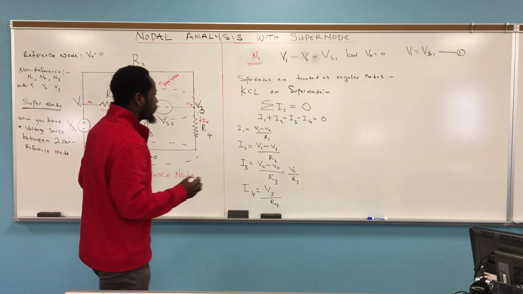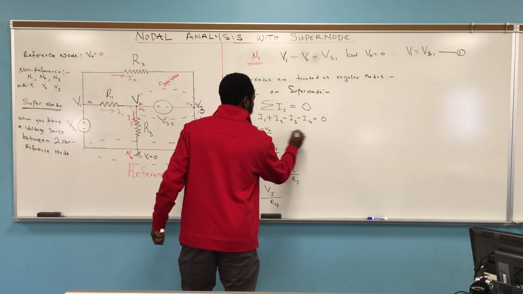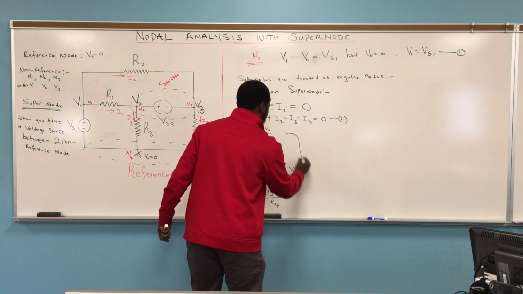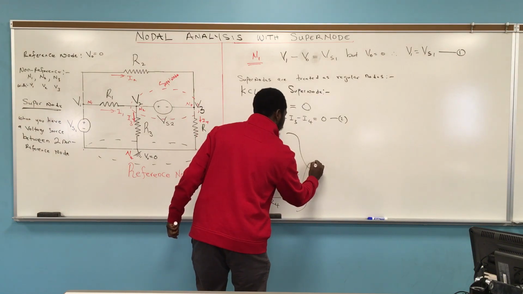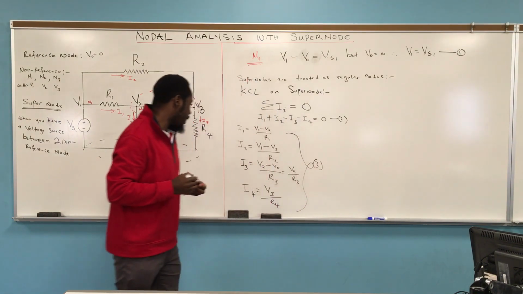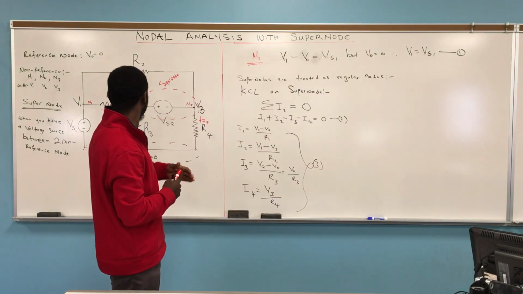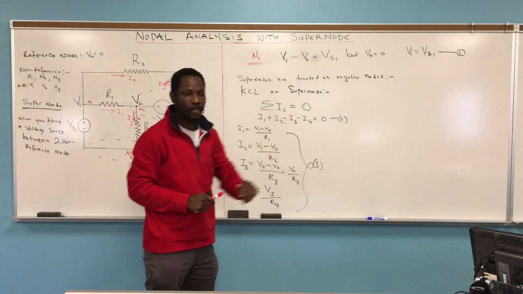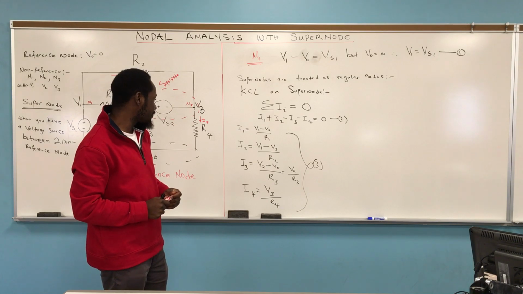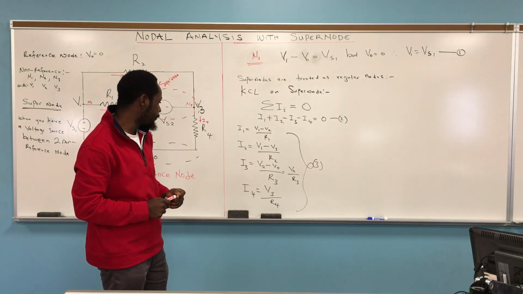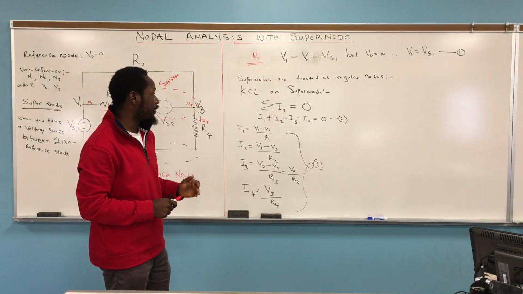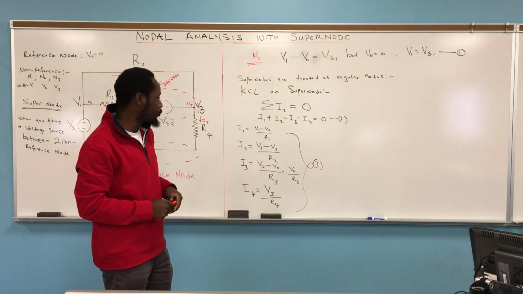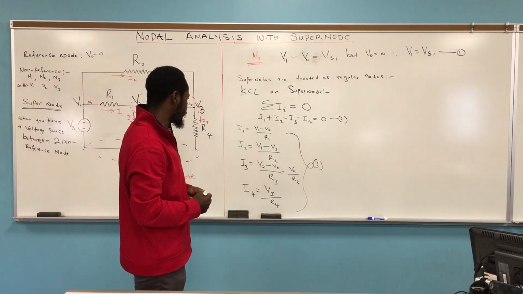So I'm just gonna call this 2, and I will call all these 3. Now we're gonna substitute all these values into 2. Now you will see that everything will reduce to an equation in terms of nodal voltages. And that's the essence.